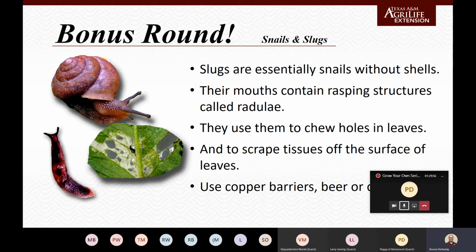If we can get out early in the morning while there's still a heavy dew, we may still see some of these snails and slugs moving around, and just pick them off the plant and discard them. There are some baits and products that can be used. Just make sure that whatever you do use is labeled for use in and around food producing gardens, because some of the products that are out there for general landscape use are quite toxic.